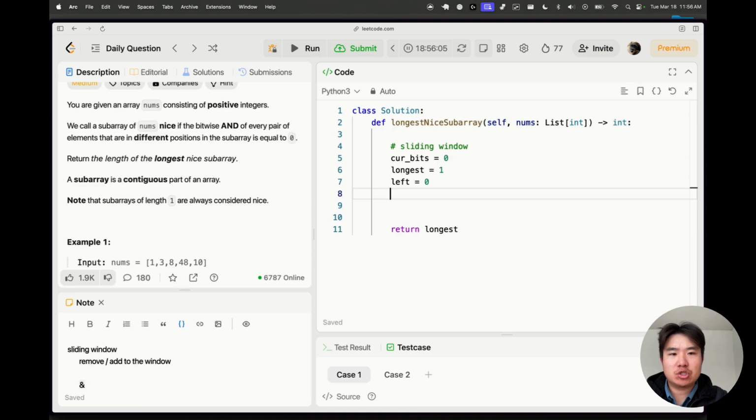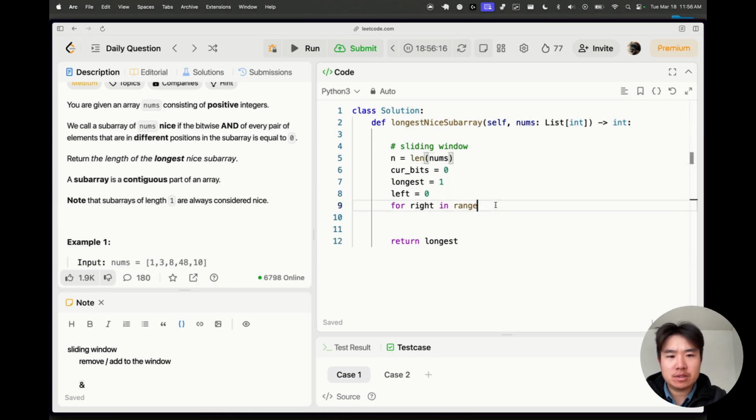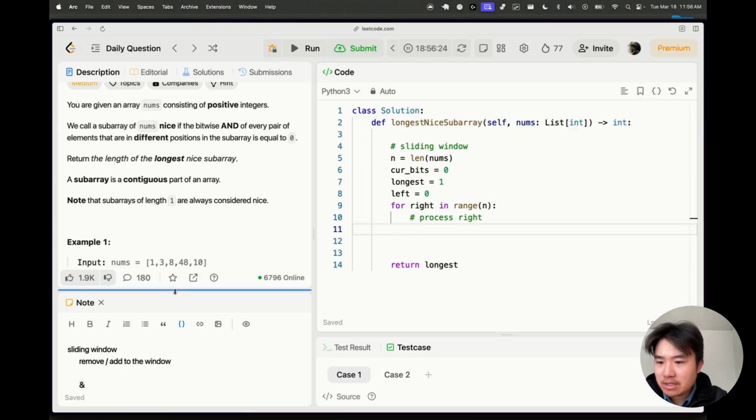Sliding window means there are 2 pointers, left and right. For right in range n, where n is the length of nums. Okay, so now we process right. What does it mean to process right?